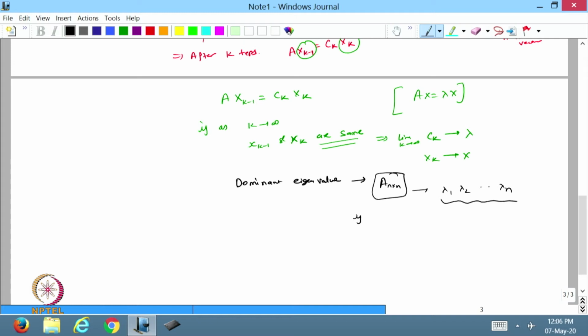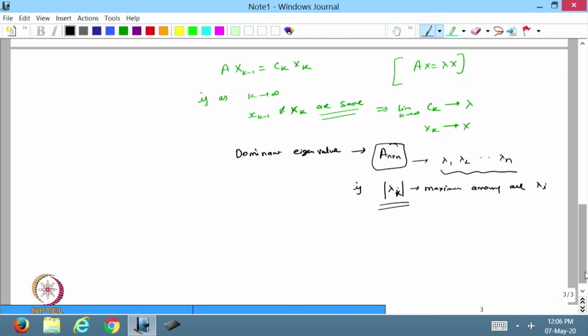Now, if we choose any lambda i whose magnitude is maximum among all lambda i's, I can call it lambda k, then this is called the dominant eigenvalue, maximum of all lambda i's in terms of magnitude.